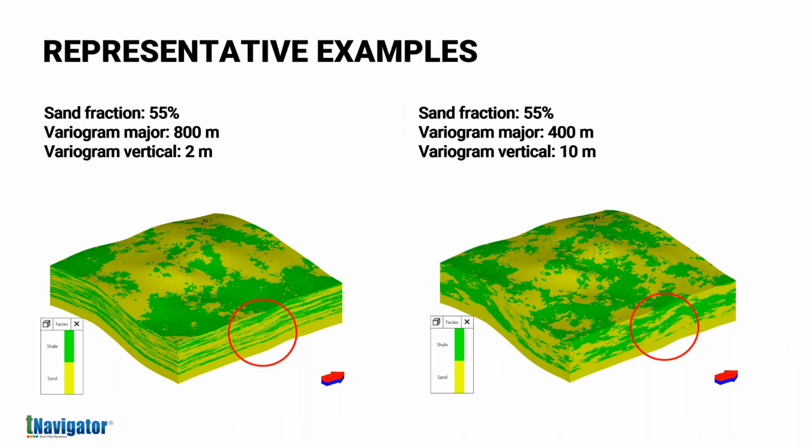Within the red circles, you can see the difference in behavior in terms of facies distribution. On the left-hand side, we have more laterally extensive bedding, which would then impede vertical movement of the CO₂ plume. On the right-hand side, we have a more blobby distribution. So we'll see some results of this later.